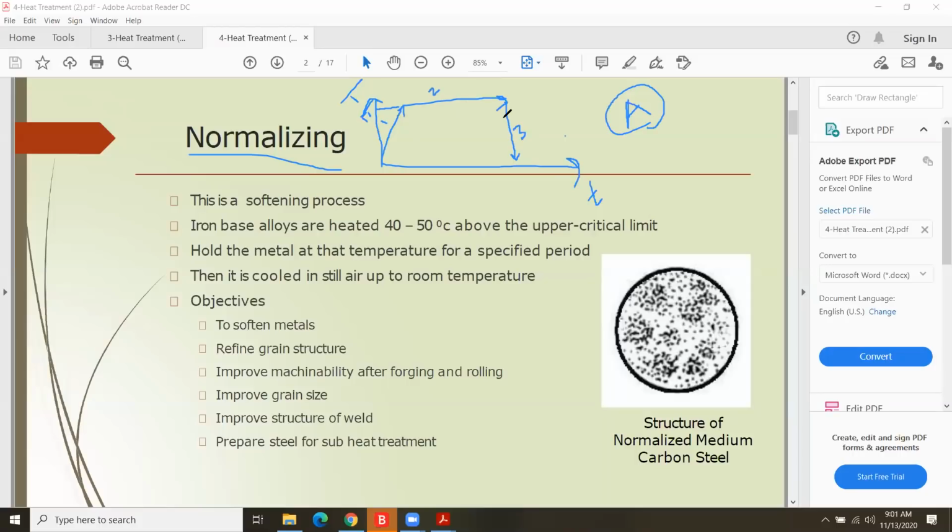So if I say, just around 25 millimeter diameter or thickness of that steel, if you have 25 millimeter of thickness or diameter, then around 1 hour, you have to keep that steel for a 1 hour period, right?